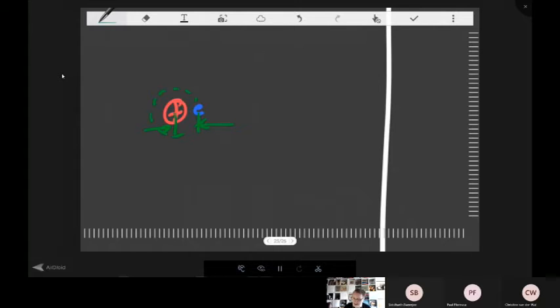So look at the distance and work out what's the energy, the electrical potential energy. The equation, if you want to know it, is electrical potential energy is K Q1 Q2 over R, or in this case D. That's the equation.